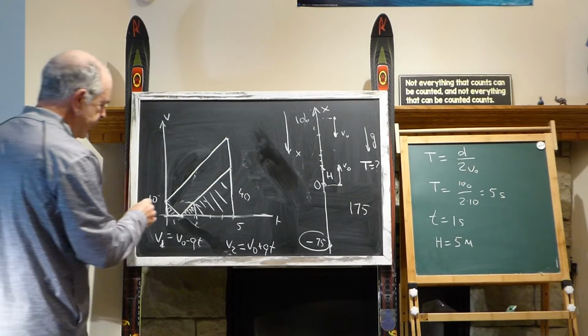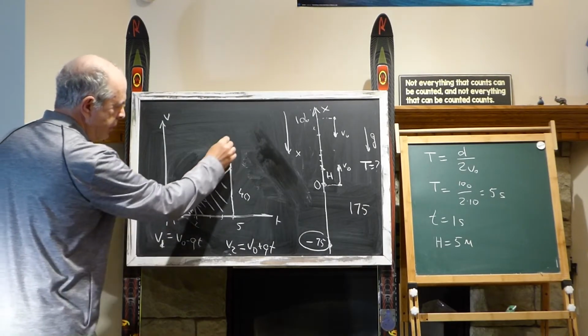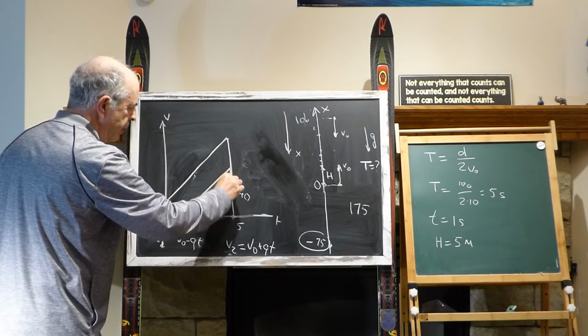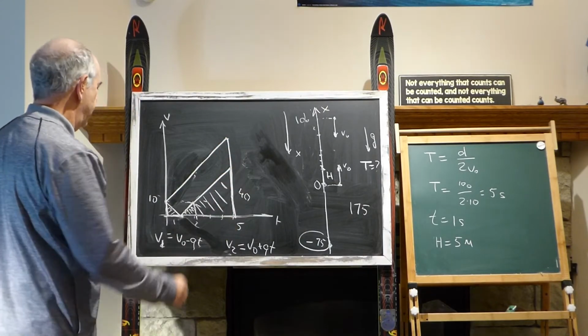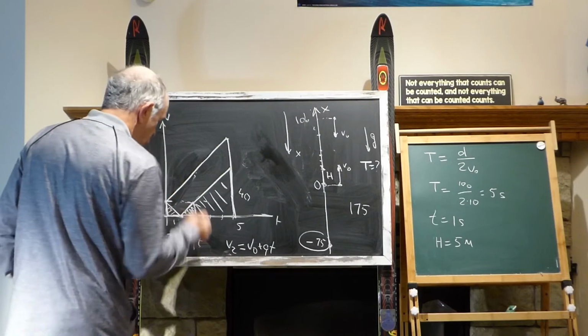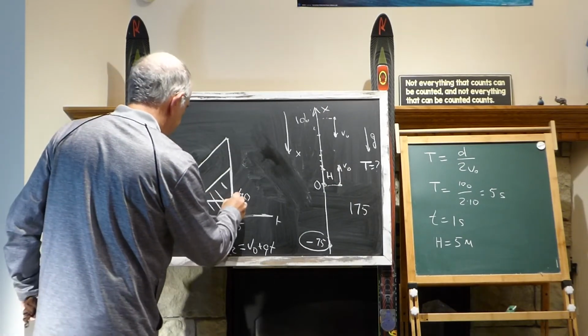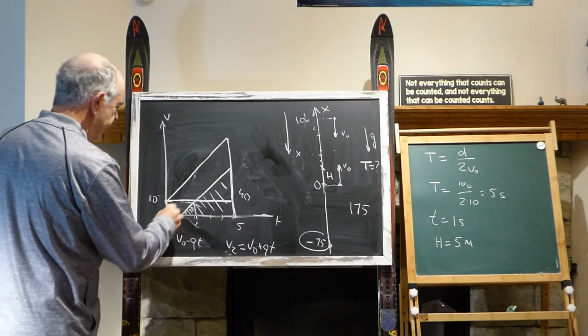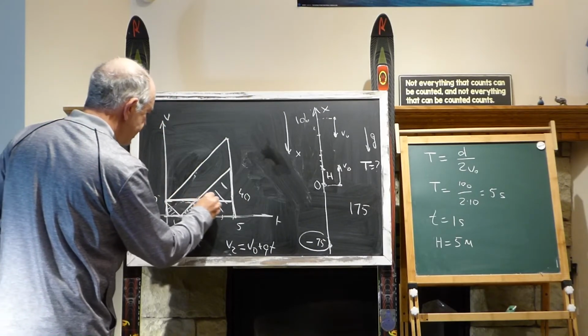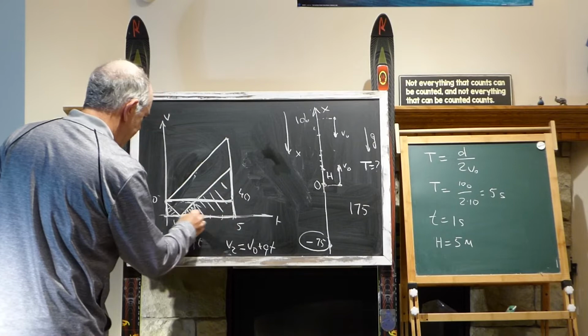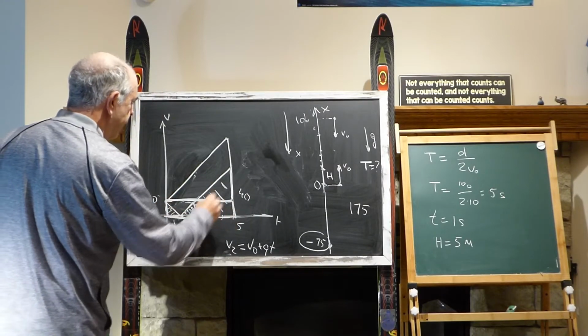And so let's continue. I suggest we can calculate this area in many possible ways. For example, we can draw this line, and we can say that this area of this rectangle is 10 over 5.